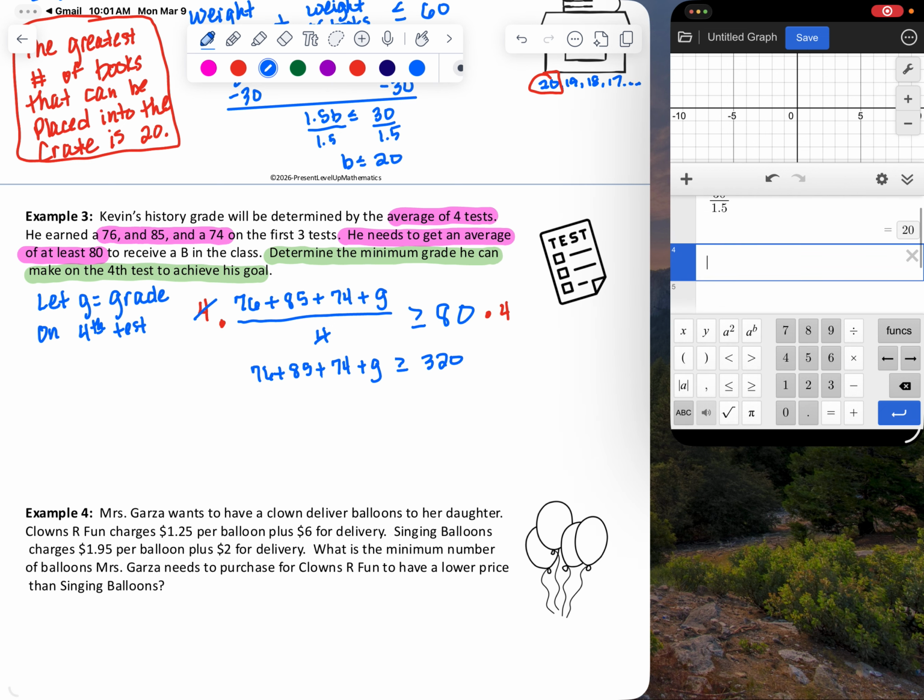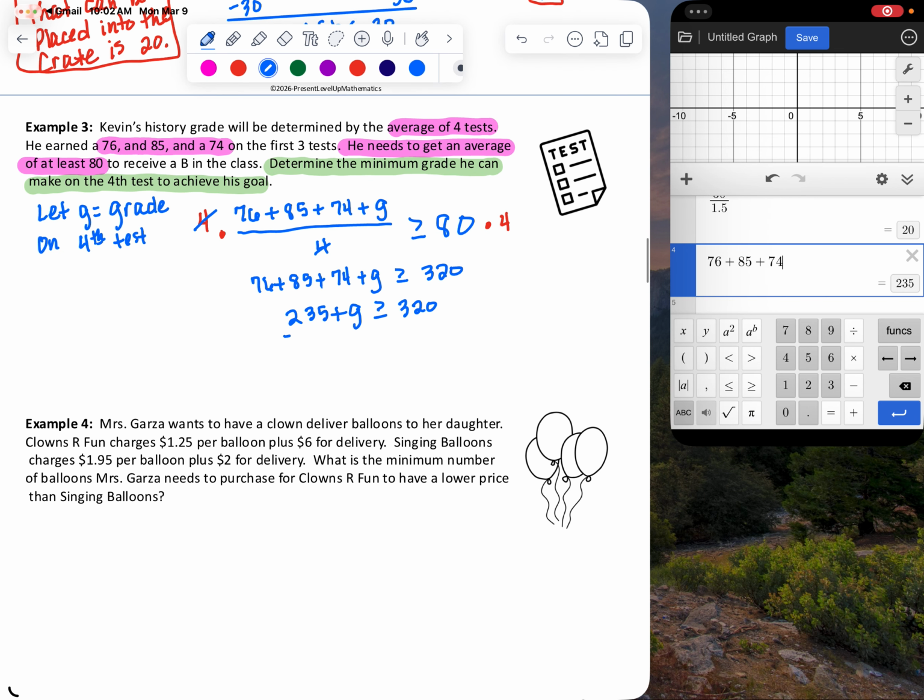Now, if I add up my like terms, 76 plus 85 plus 74, that would give me 235 plus G is greater than or equal to 320. Now subtract 235 from both sides. So the grade must be greater than or equal to, let's see, 320 minus 235 gives me 85.